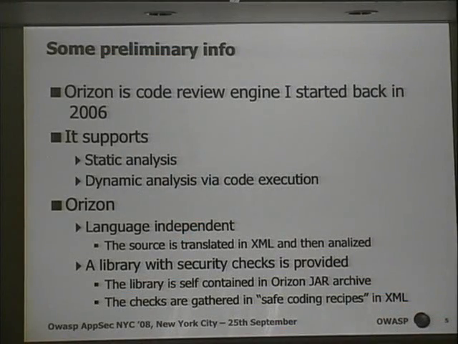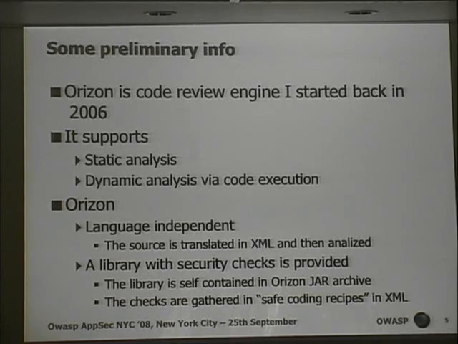And the most important thing is that a library of security checks is provided within the project. The knowledge is provided to open source tools. The library is self-contained in the Horizon jar archive. Horizon is developed in Java, and the checks are gathered in safe coding recipes written themselves in XML.